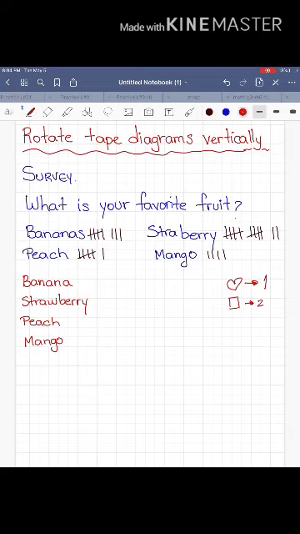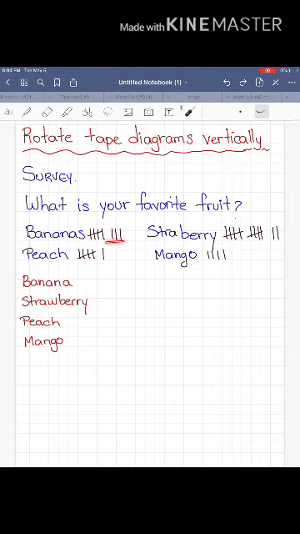It depends on what value you want to give it. But right now, we're going to use squares, and the value for each square, the unit size, is going to be 1.